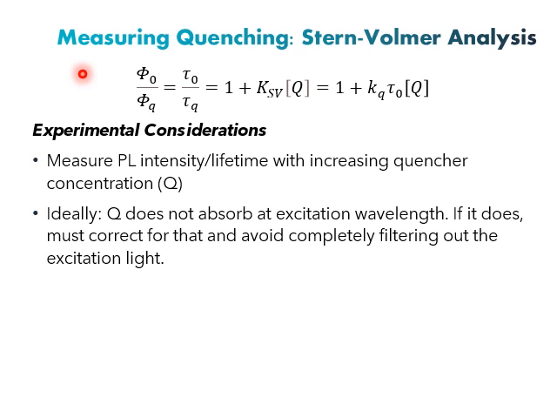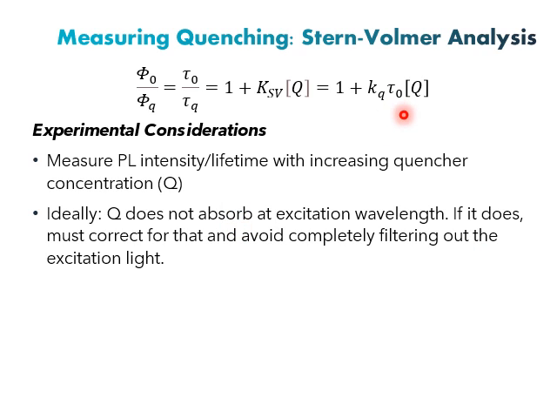It's sometimes not possible to avoid that situation, so if the quencher molecule does absorb at the wavelength you're exciting, there's some math you can do to correct for that, and you'll correct the observed intensity by that amount of reduction in the photon flux. I'm not going to go through that math here, but if it does come up in your research, make sure you're accounting for that, and we can talk about how that works if it becomes a consideration you need to worry about.